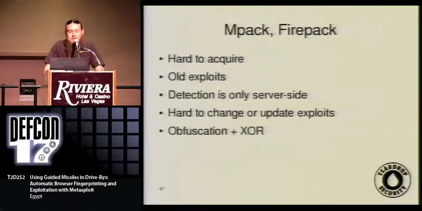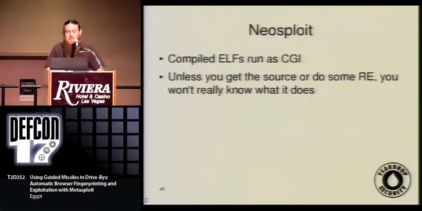They're mostly old exploits, though, and all of their detection is server-side, so it's much less reliable than mine, and it's really difficult to change or add new exploits to their pack. Part of that is because it's written in PHP, and PHP sucks. They also use a similar obfuscation and XOR technique, but mine is better.